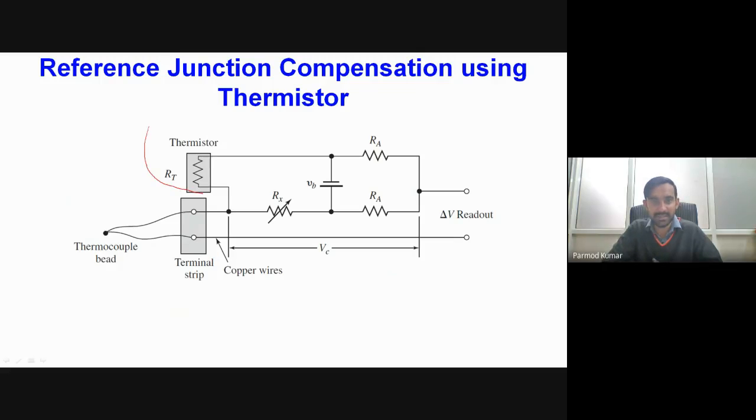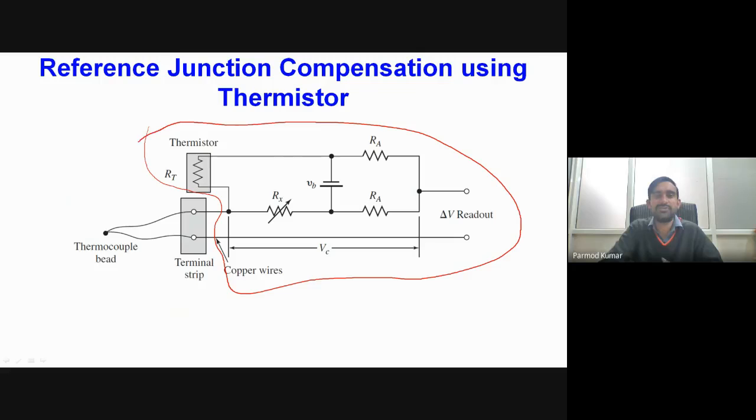In our circuit you can see this additional circuit which we use as a compensation circuit. Inside this we have a thermistor. I have already told you in our previous lecture that in case of a thermistor, if temperature increases, its resistance decreases. So over here we use this thermistor, and it acts as the compensation instead of the reference junction.